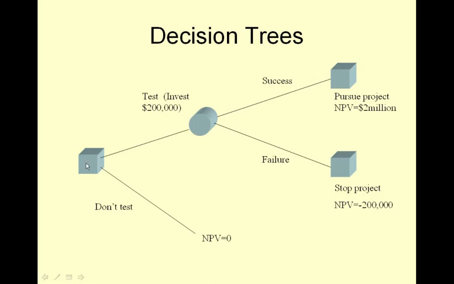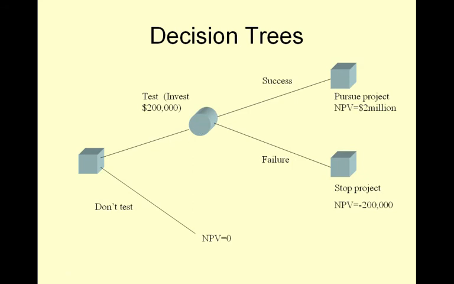The firm is at this point and is deciding whether to test the new drug compound, which will cost the firm $200,000, or not to test the new compound, which will cost the firm nothing. So the choice don't test has a net present value of 0. The choice test puts us on this path and requires a $200,000 investment.